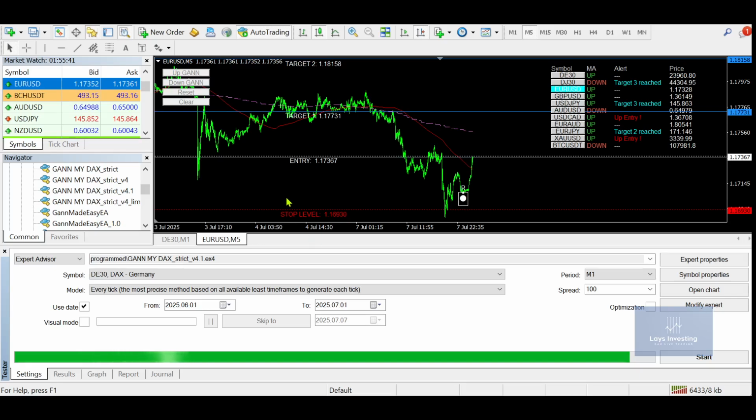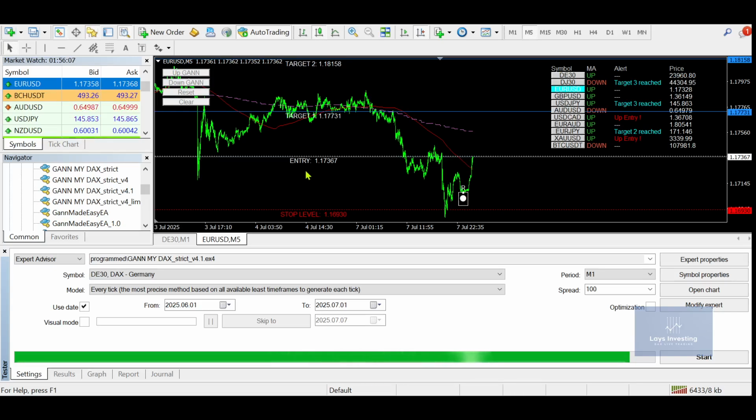This is the optimum trading time for the German index. My platform time is GMT plus 3. So this 10:20 corresponds with 9:20 GMT plus 2, which is Germany time.